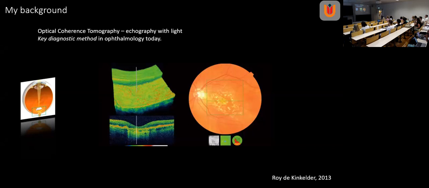OCT has been around for a little more than 20 years. It was already being developed when I started. And it's a key diagnostic method in ophthalmology. If you go to the ophthalmologist with an eye problem, there's a very big chance, certainly in an academic hospital, that they will make an OCT image.